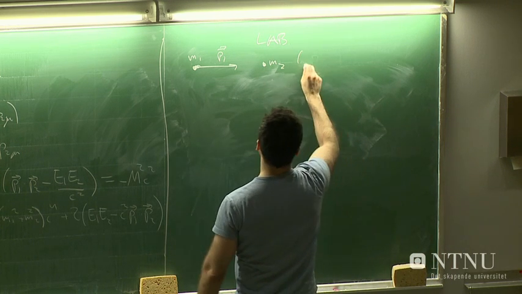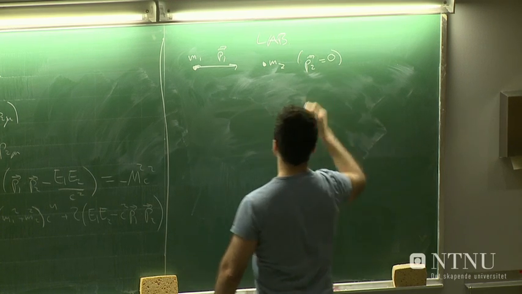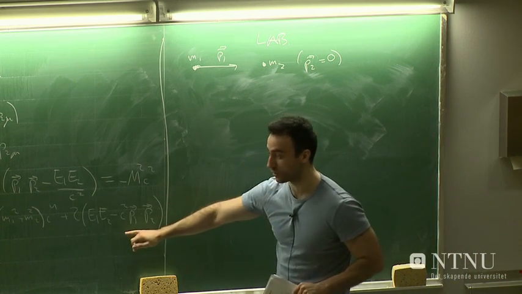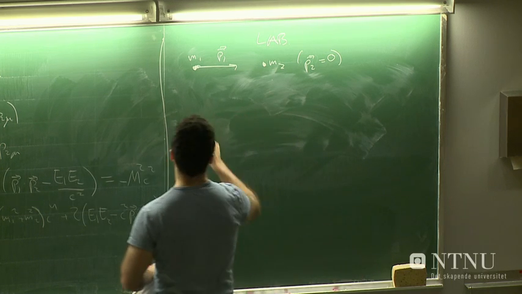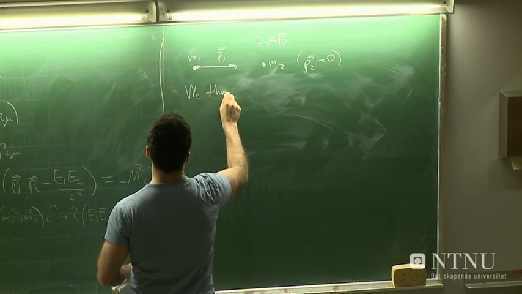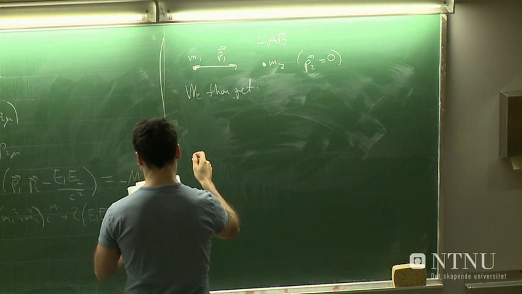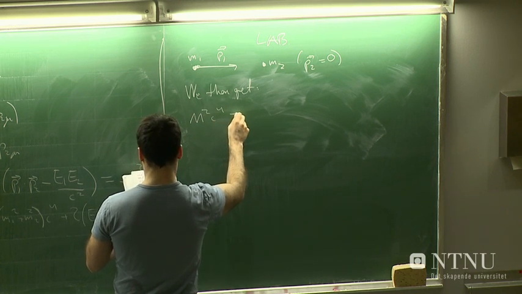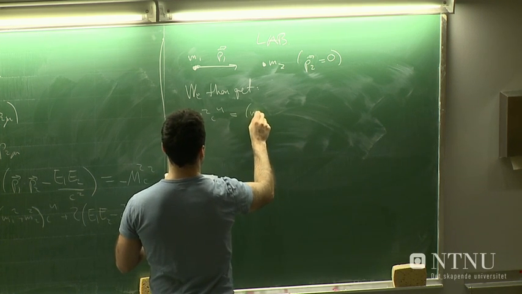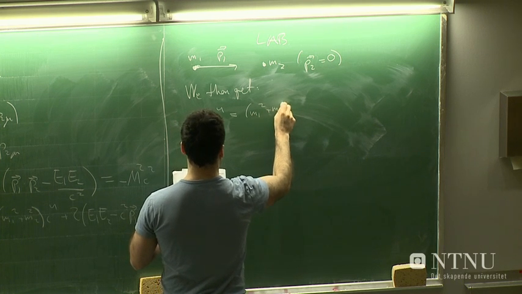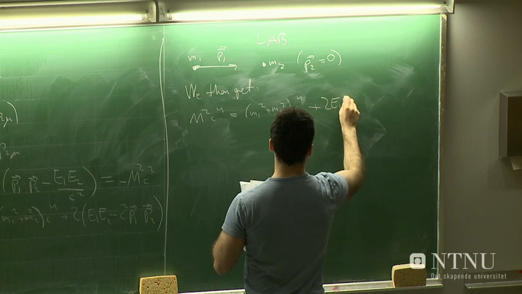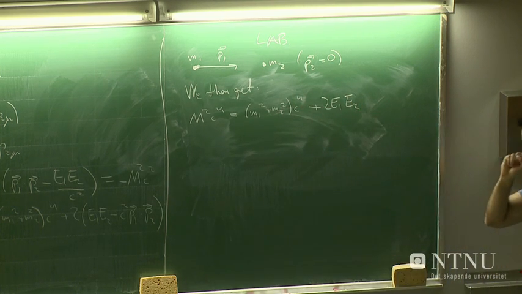So it means that P2 is equal to 0. And that helps us here because then we can discard this term. So we have this. So it's looking a bit simpler now.